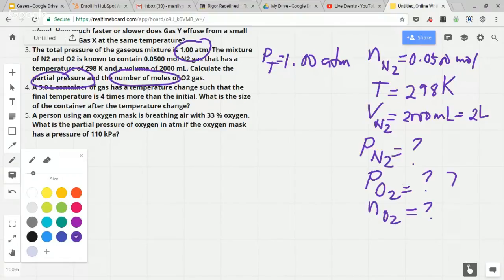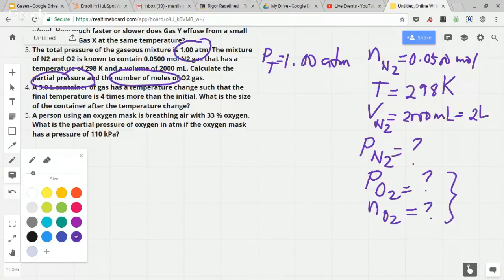But again, we can't get these two without getting PN2 first because N2 is the one that is given. You can't mix up N2 and O2. I hope you know the track here. When we get the pressure of N2, we subtract it from the total pressure, then we would get the partial pressure of O2.